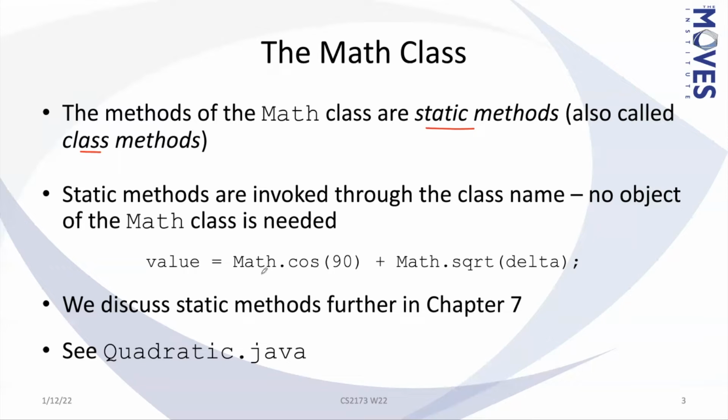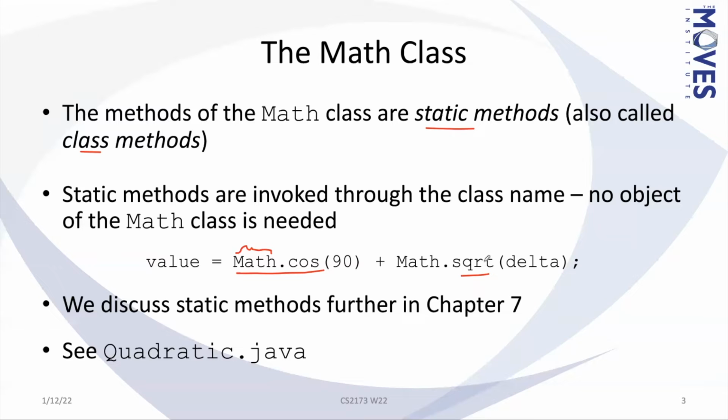So in other words, here's the cosine method from math. And notice that Math is the name of the class. So it's not an object, it's the class. And here's the square root. Again, for historical purposes, they call it sqrt.